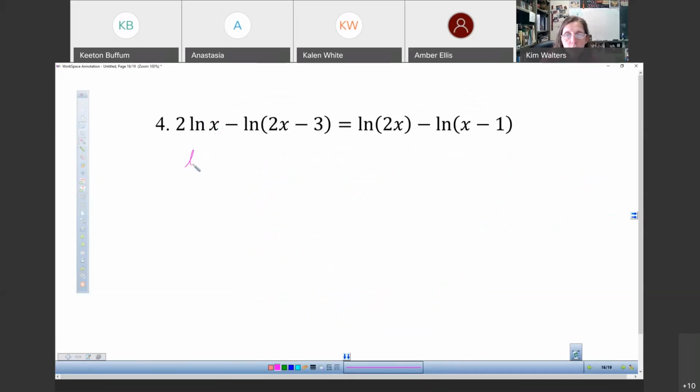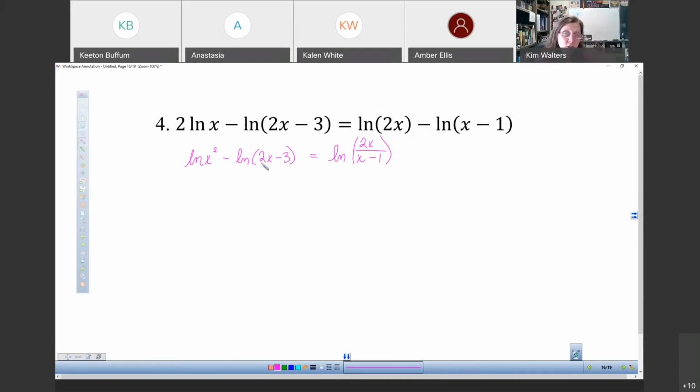So this is going to become the natural log of x squared, and then minus the natural log of 2x minus 3. I can go ahead and condense this side because I don't have any numbers out in front. This side becomes the natural log of 2x goes on the top over x minus 1 goes on the bottom because it's a subtraction problem.